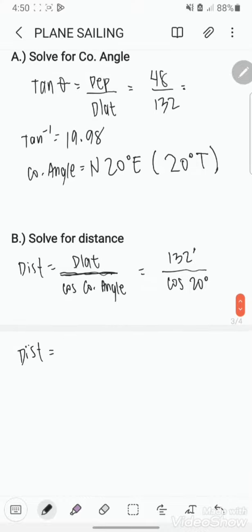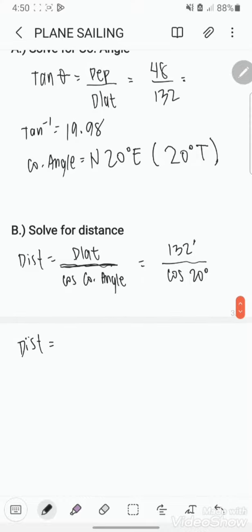Now we will solve for distance. As I mentioned earlier, distance is equal to dlat over cos course angle. So we just plug it in. We know our dlat is 132 nautical miles. 132 divided by cos 20 degrees.